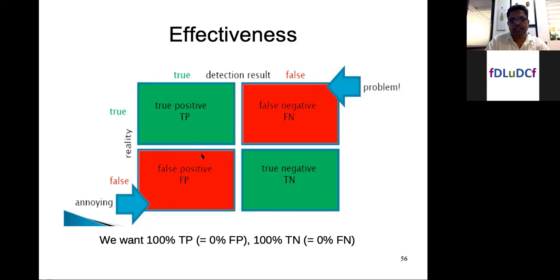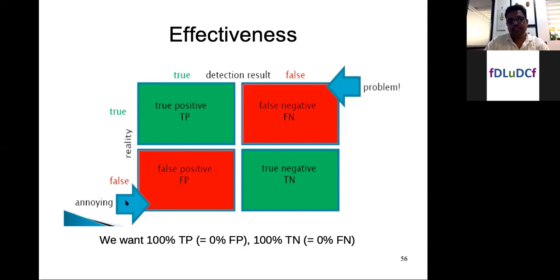The detection is positive, so that means false positive. False positive means it creates false alarms, a lot of false alarms. There are no attacks, but it creates alarms. If a lot of false positives are created, it gets annoying.